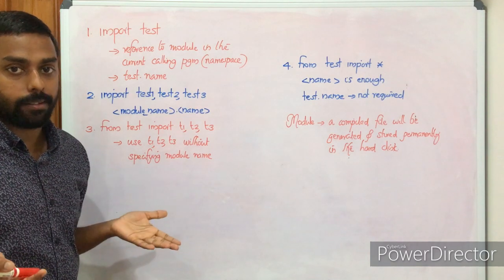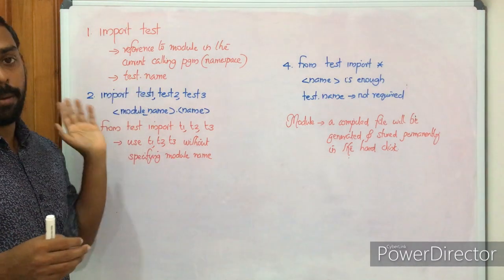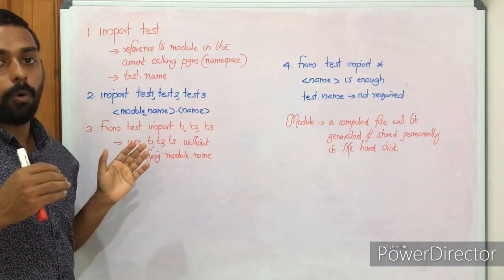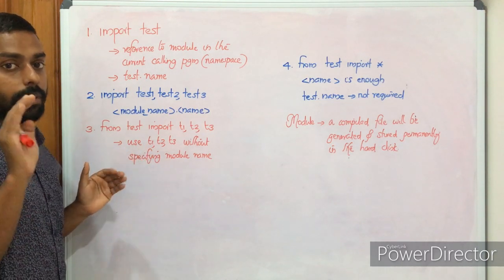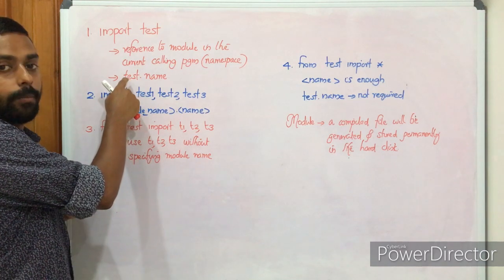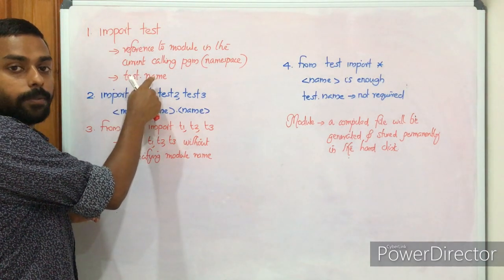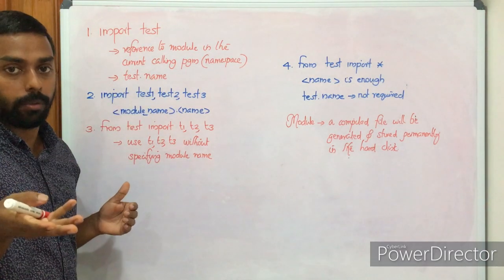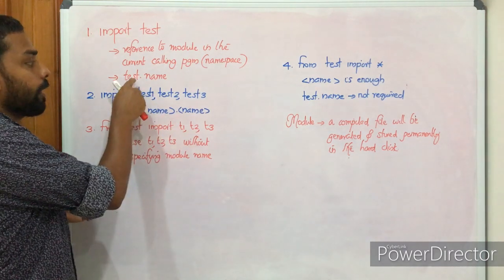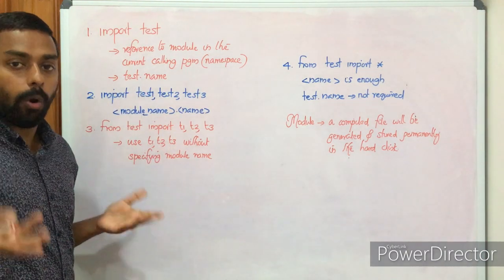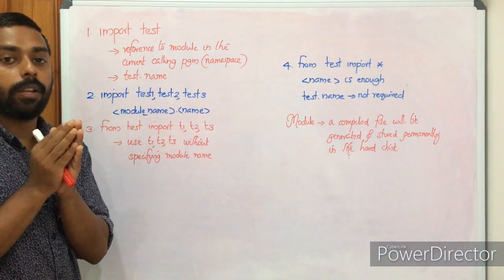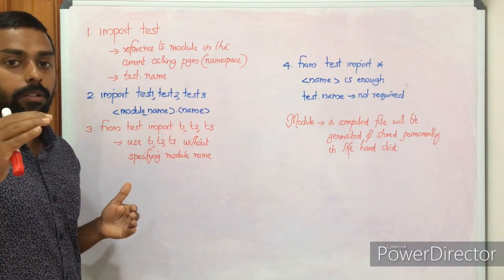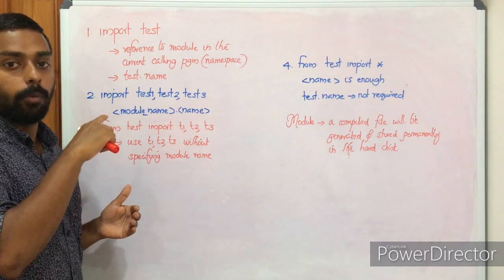That is what namespace is. So test.name can be used to access the attributes in name or the functions in test. Here test is the module name, and name stands for the name of the function or attribute. That is what applying dot notation is. So applying dot notation, you can call the functions available in the module test.